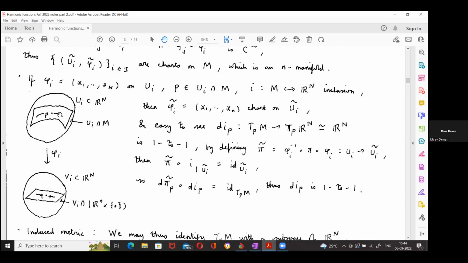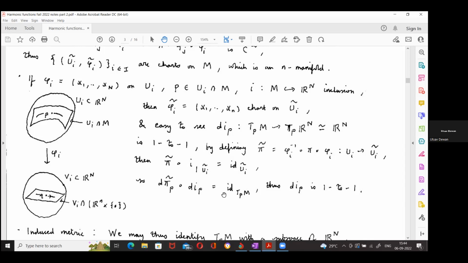Yes, sir. So now by the chain rule, I just take derivatives on both sides. So I get that d of pi tilde composed with dip is equal to the identity of TPM. So that means that dip will be one-to-one, right? Is that okay?